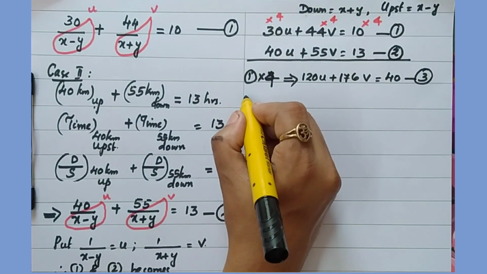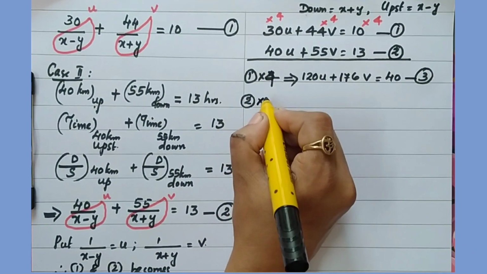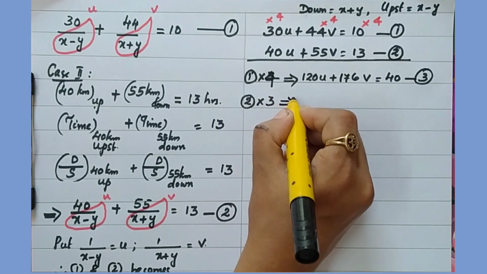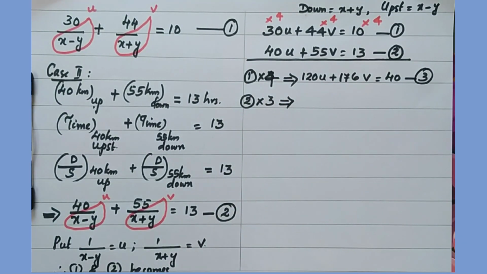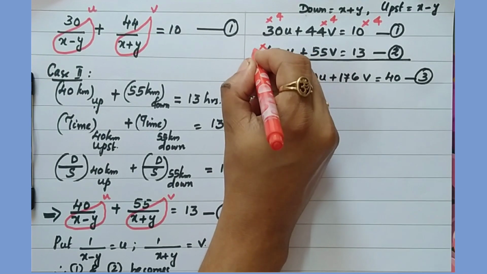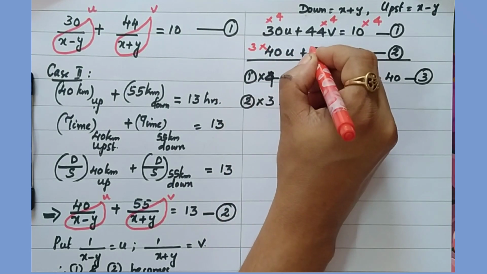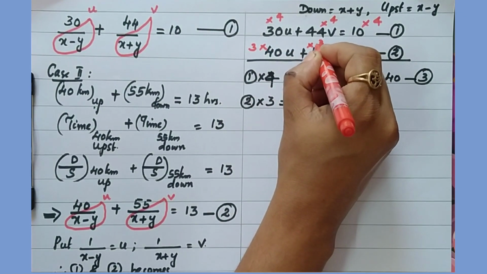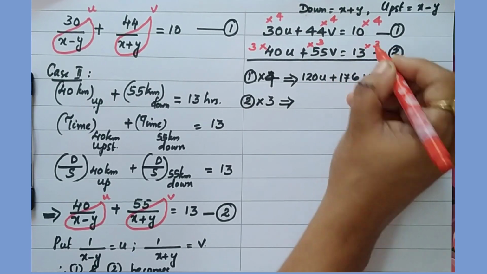In the same way, equation 2, I am going to multiply with a 3, to make the coefficients 120. Multiply with 3 means that you need to multiply every term with a 3.